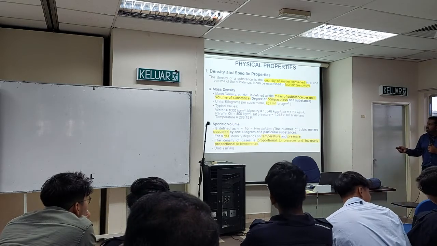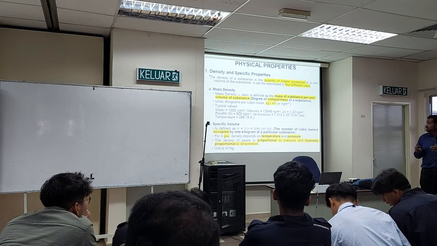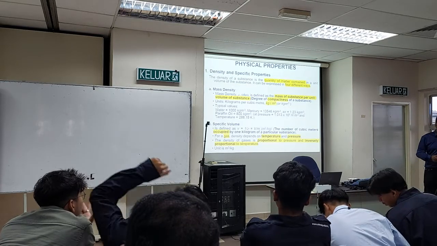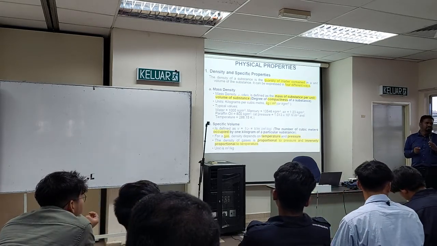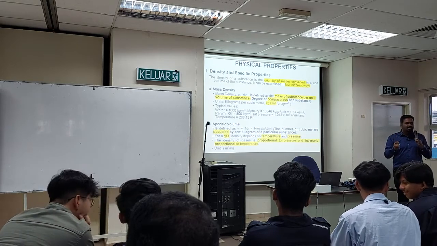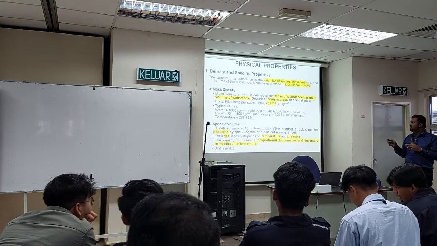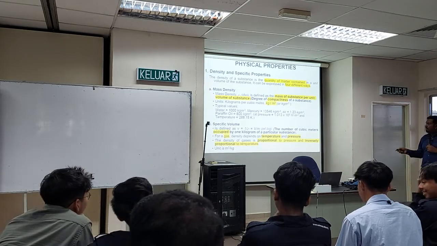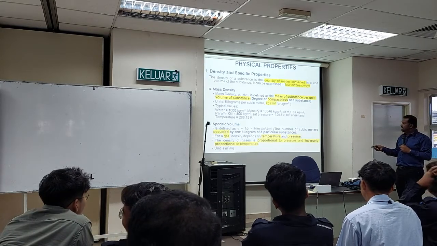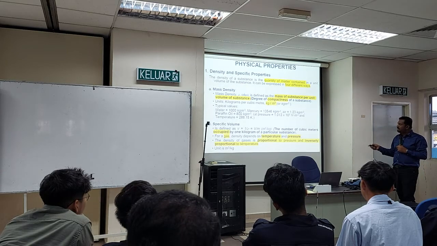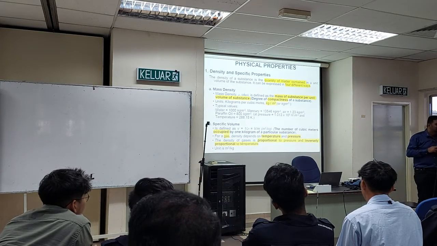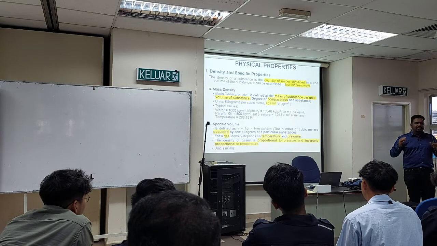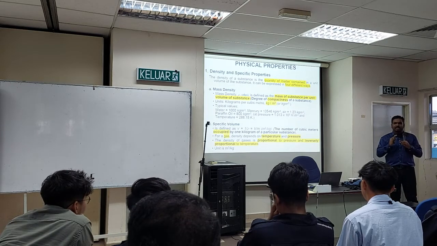So you have one mass per unit volume. In one volume of a container, how much mass can you put in? That is what we call mass density, or another term is degree of compactness. What is compactness? Kepadatan.